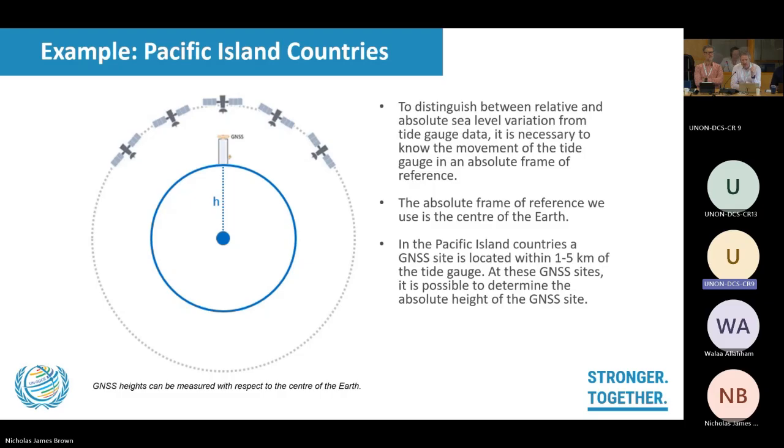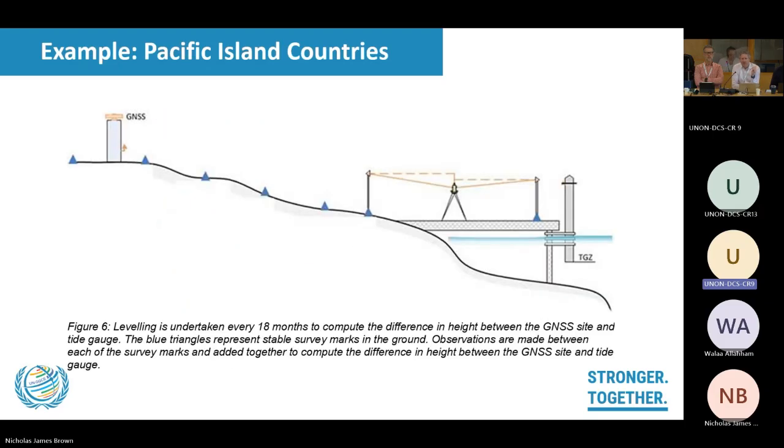A GNSS station was installed within about 5 kilometers of each tide gauge. At these GNSS sites, it's possible to determine the change in the height of the land over time. And then what we do is we link these techniques together. You can see up the top on the left, we've got our GNSS site, that's our CORS station that's running.